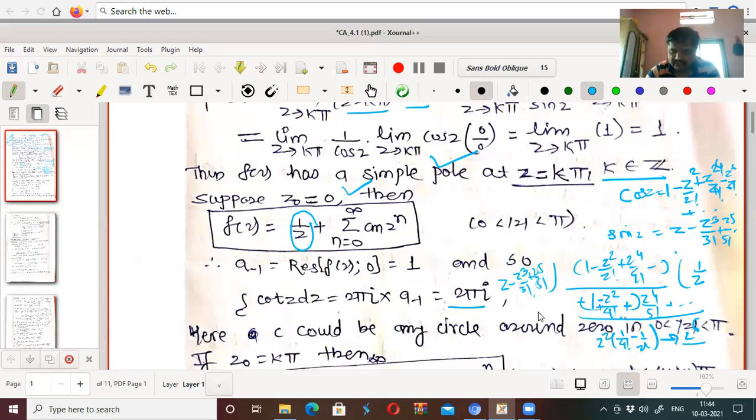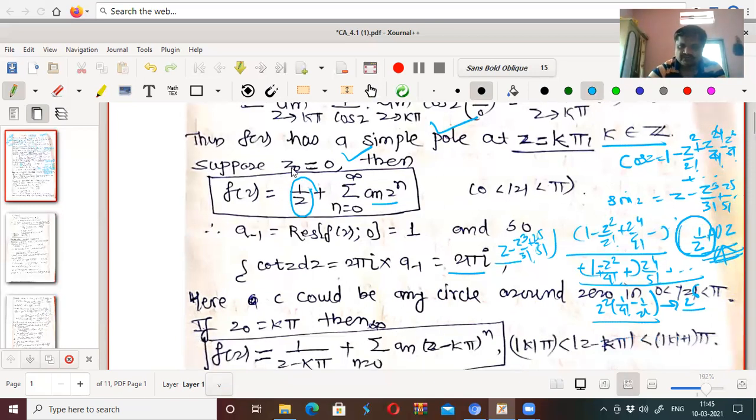Again, if we want to take this z square into something, and here it is z, so we have to multiply by something into z. So this is the required quotient, whose first term is 1 by z and the other terms are in positive powers of z. That's why we have written some coefficients there. f of z equals 1 by z plus summation from n equal to 0 to infinity of positive powers of z.